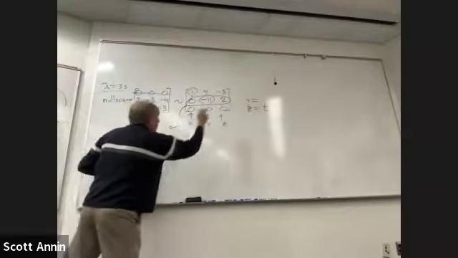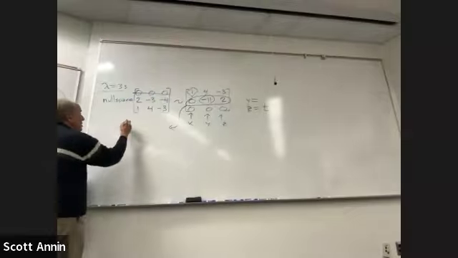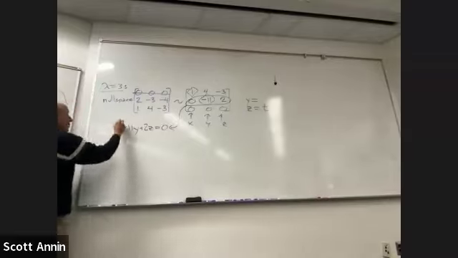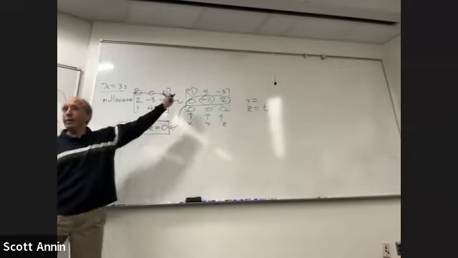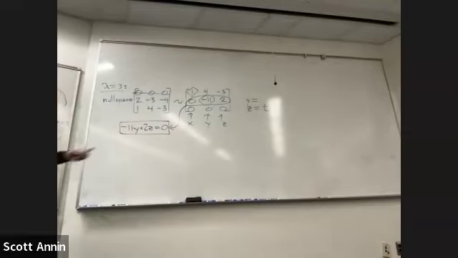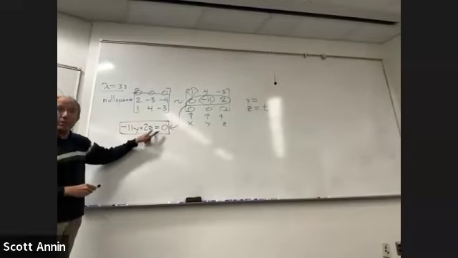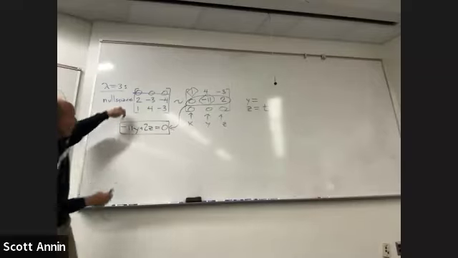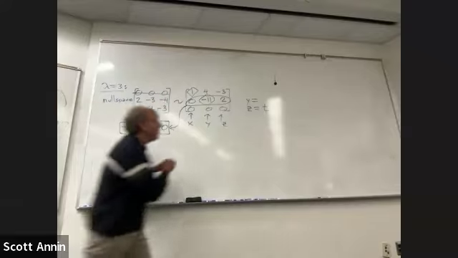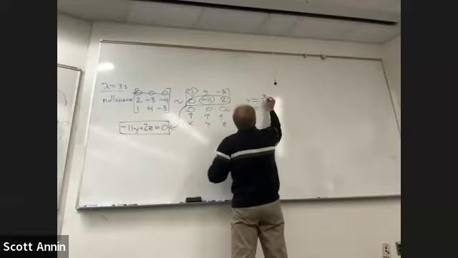So the second row is just -11y plus 2z equals 0. That's what the middle row of my row echelon form is telling me. So if I've decided that z is equal to t, then I can solve for y. I just have to move this 11y to the other side and then divide by 11. It's going to be 2/11 of t.